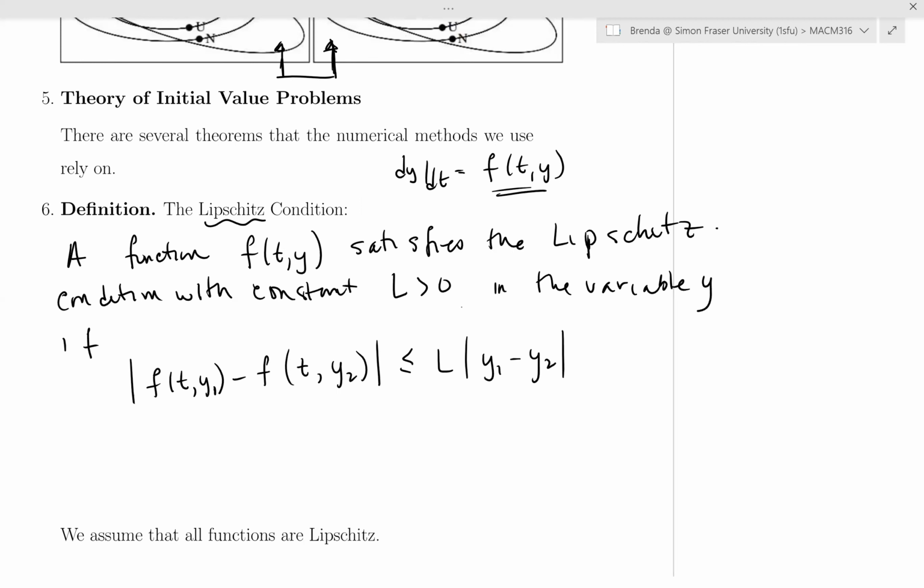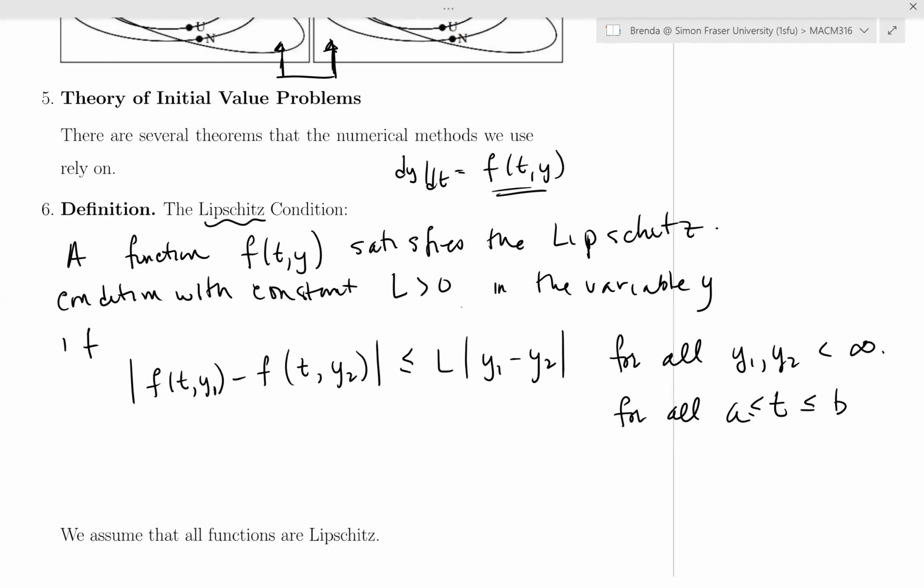That's the condition right there, and that is for all y1, y2 finite, and for all t in the interval that we want to solve the differential equation.